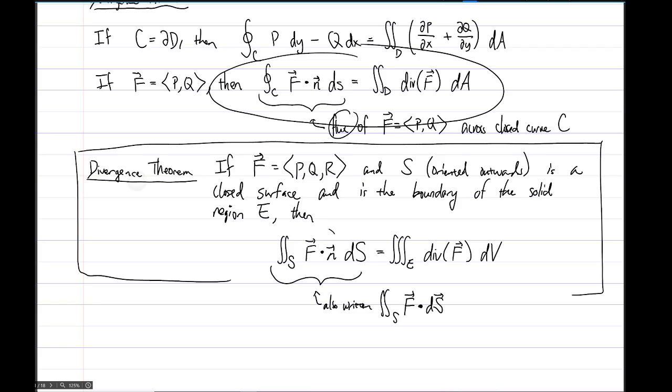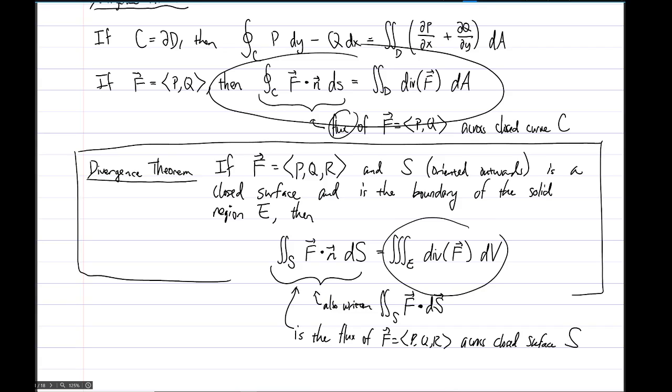I think it's actually more helpful to write it with F dot n. But then let's also comment on what this integral really is. Yeah, this is the flux of your vector field F equals P, Q, R, those are the components, across the closed surface S. And the point is that that's going to turn into a triple integral instead.